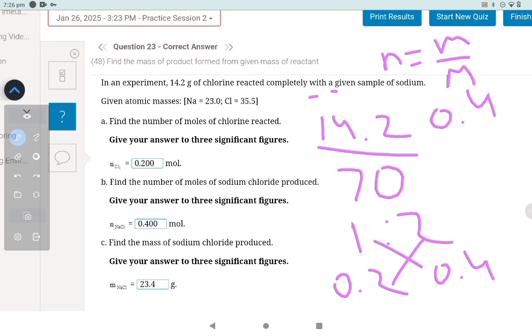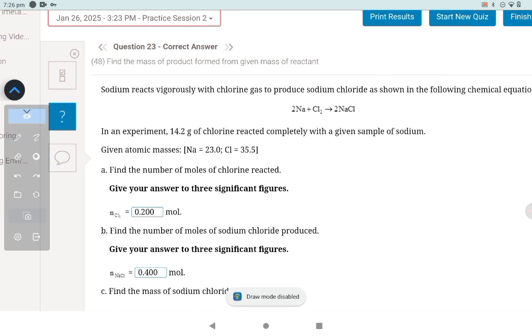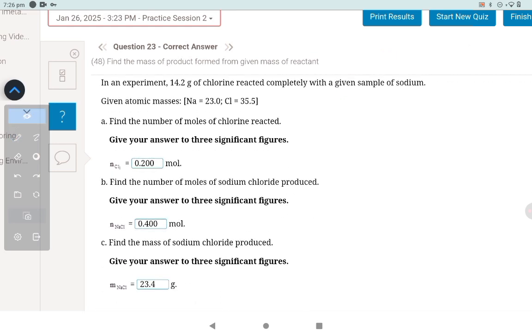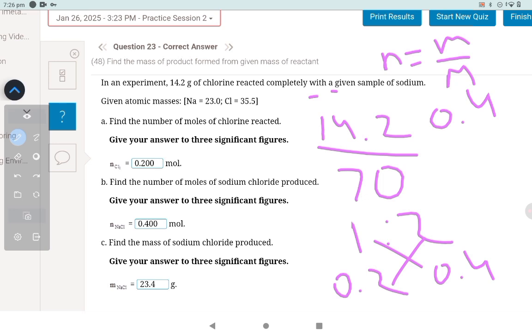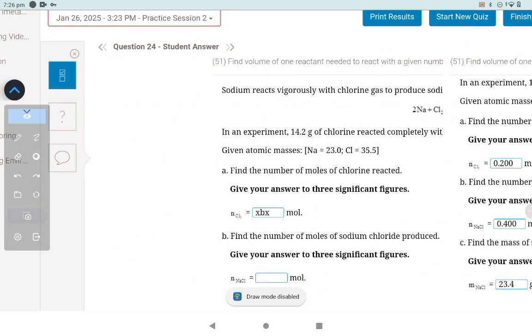Just multiply that by the molar mass. Sodium chloride is NaCl, so it's 23 plus 35.5 for the molar mass. So 0.4 multiplied by 58.5, you get 23.4.